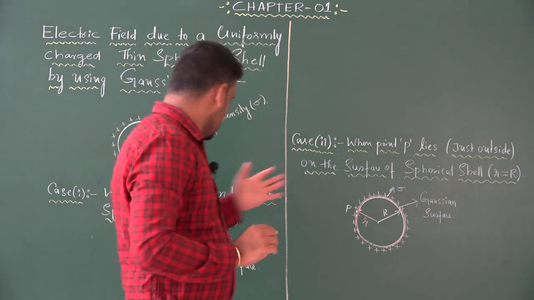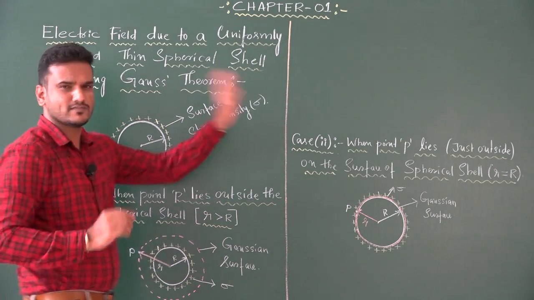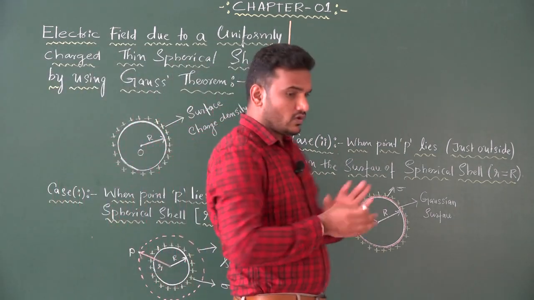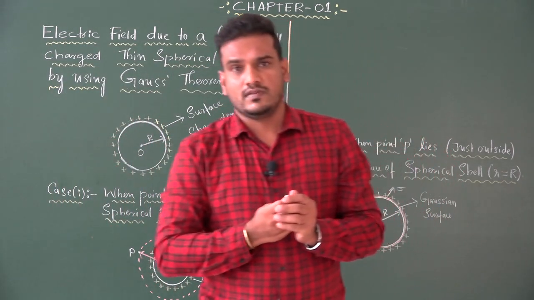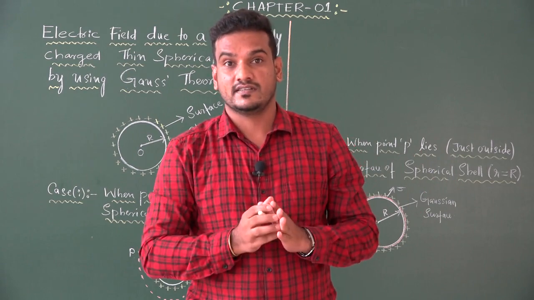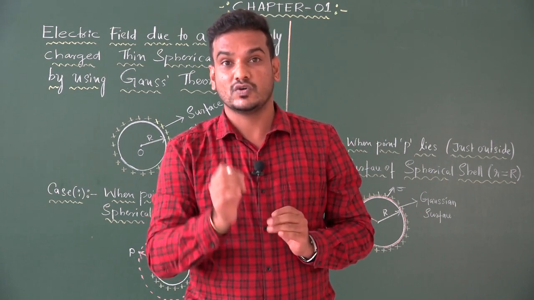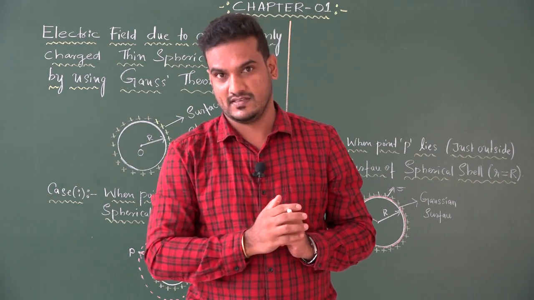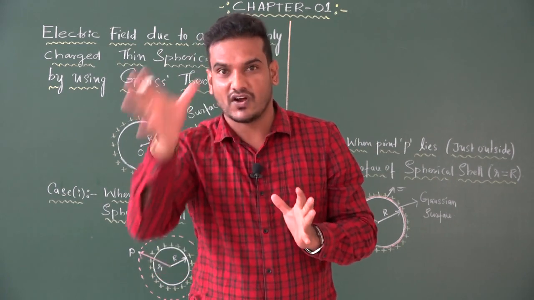Now by using this diagram, we have a small derivation. Gauss theorem deals with total electric flux. So we are now calculating the electric flux through the Gaussian surface.